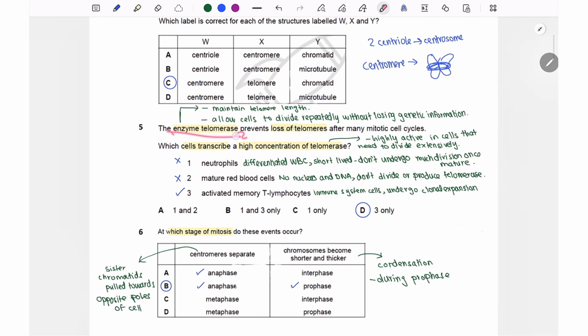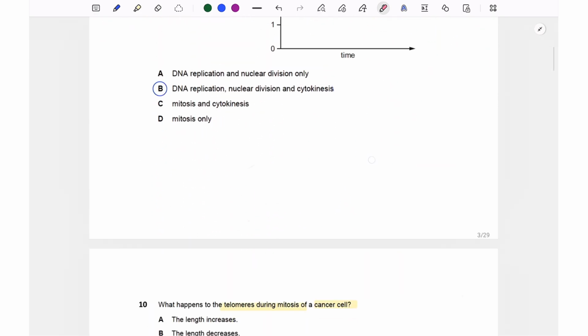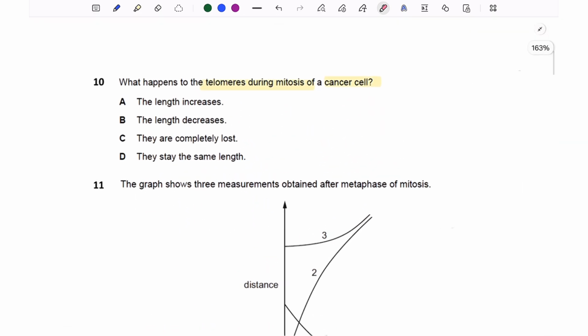What this enzyme does is that it actively rebuilds our telomere. So this will allow the cells to divide rapidly and a lot of times without losing the genetic material. So the length doesn't increase, it does not decrease either. It's not completely lost, it's going to stay the same because of that enzyme.